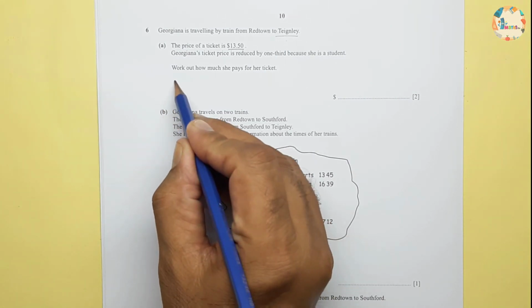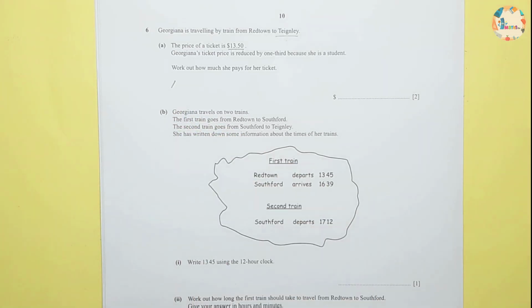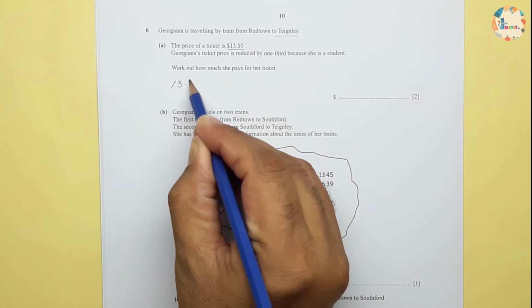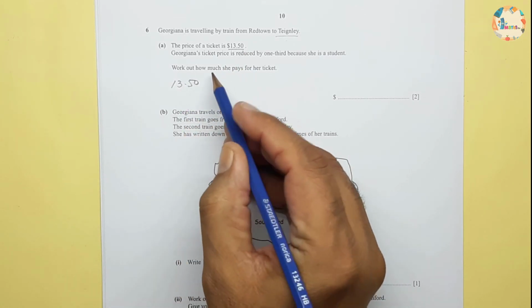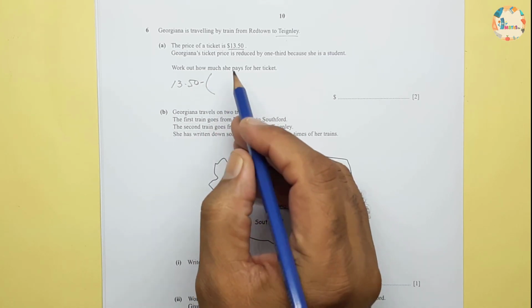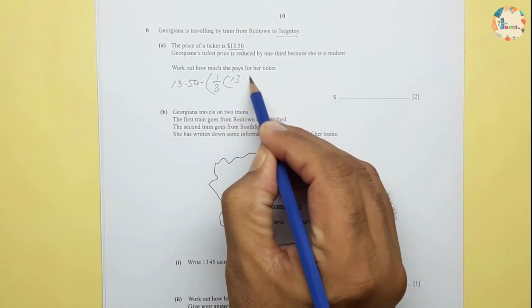So 13.50 is the total price of the full ticket, and we have to reduce 1/3. Basically we have to subtract 1/3 of this amount, which is 13.50.